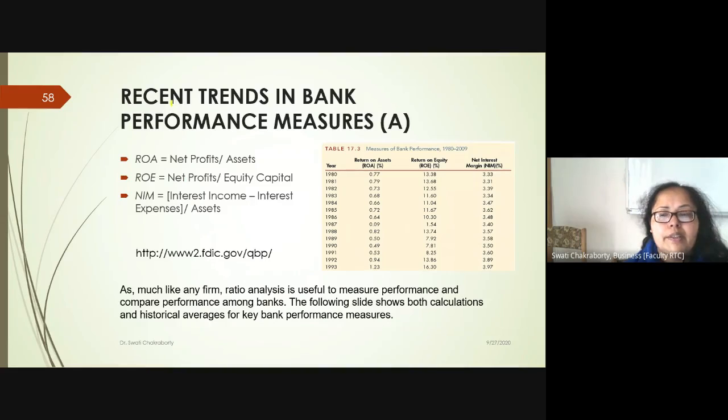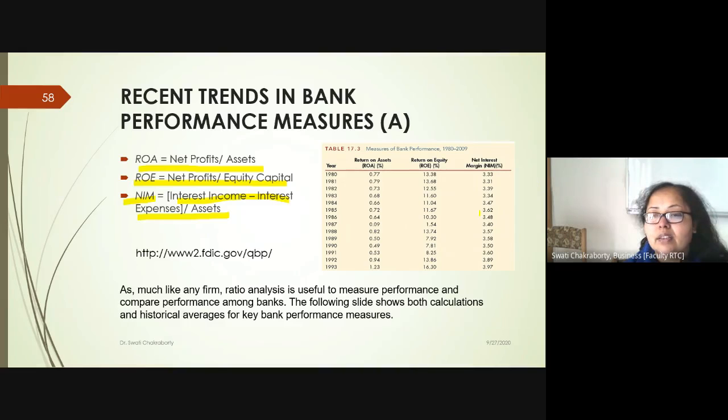So the recent trends in bank performance, right? One, we know that it's return on assets, which is net profits by assets. ROE, return on equity, that is net profits by equity capital. And when we talk of net interest margin, NIM, which is interest income minus interest expenses by assets.